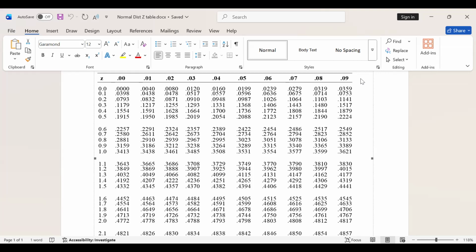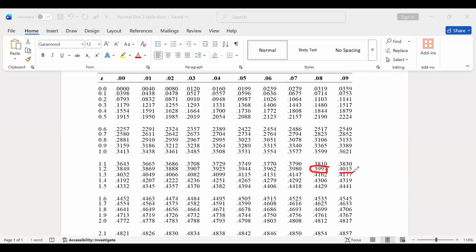The closest is 0.3997, because the other one is far away from 0.4.